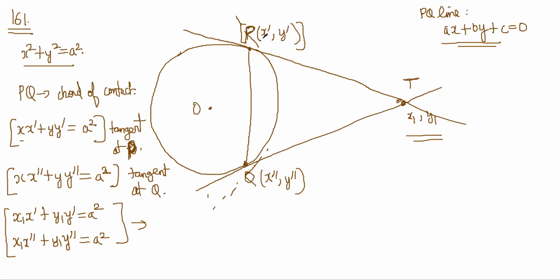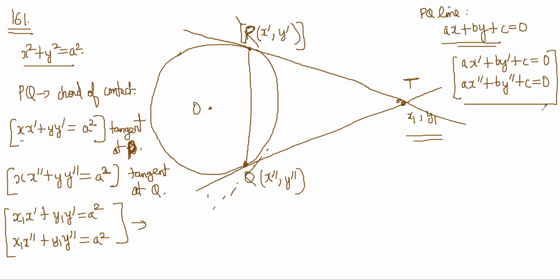Then point P and point Q obviously lie on this, no? So you should have conditions like this: a x dash plus b y dash plus c is equal to 0, and a x double dash plus b y double dash plus c is equal to 0, right? Now notice that there is a stark similarity between this and this.